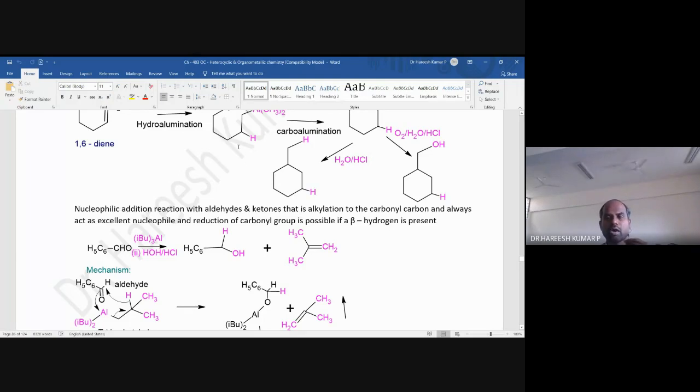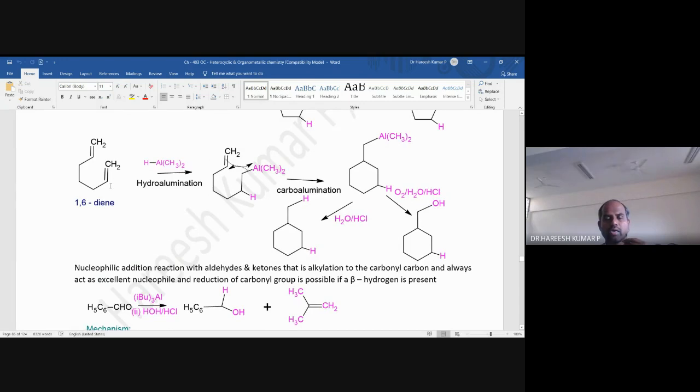the synthesis of hydroalumination product, carboalumination product, and oxidation, conversion of alkene to alcohols, conversion of a 1,6 diene into a 6-membered ring, 1,5 diene into a 5-membered ring.